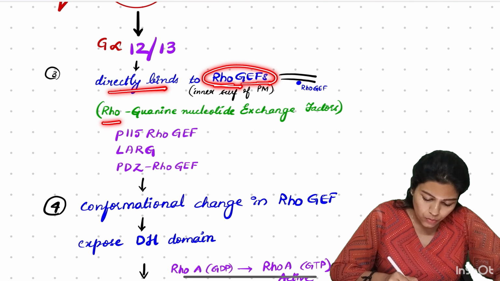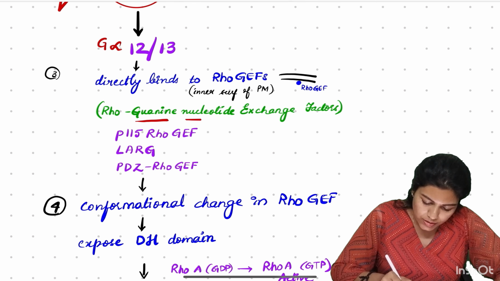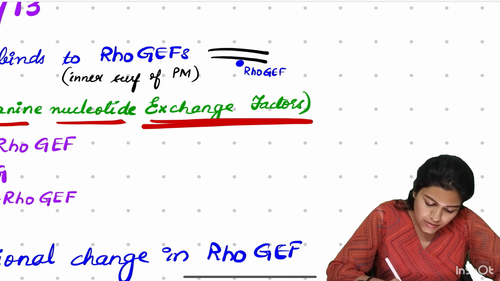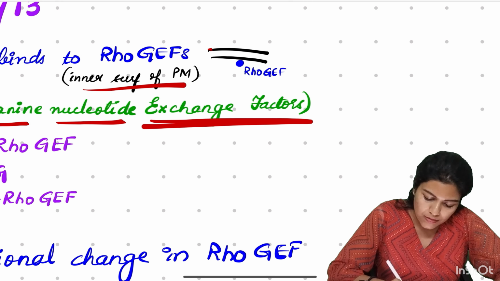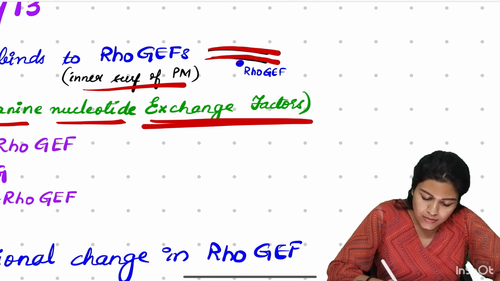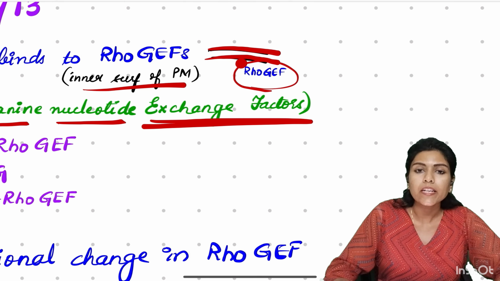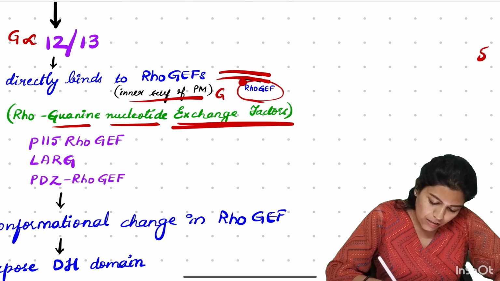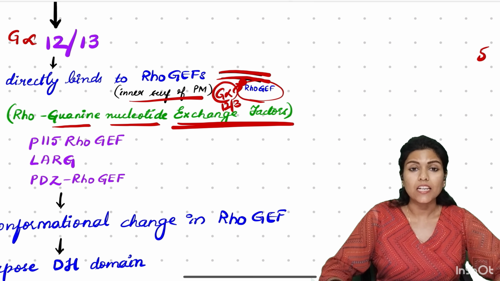RhoGEFs are the Rho guanine nucleotide exchange factors. These are present on the inner surface of the plasma membrane. So this is the cell membrane, and on its inner surface the RhoGEFs are present. So the G alpha 12/13 will directly bind to these RhoGEFs.